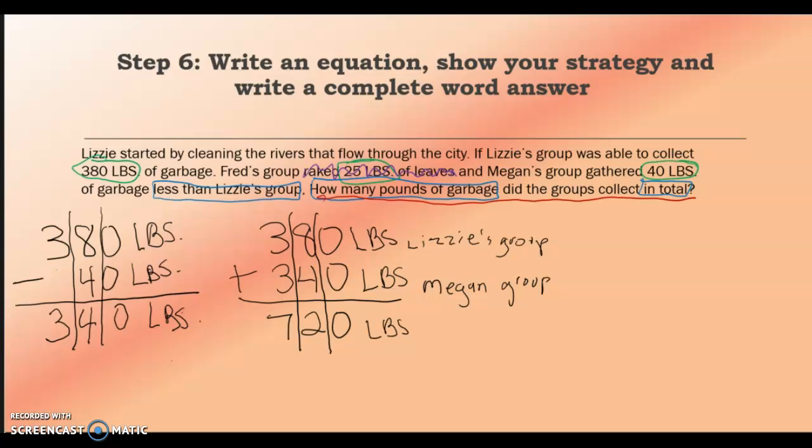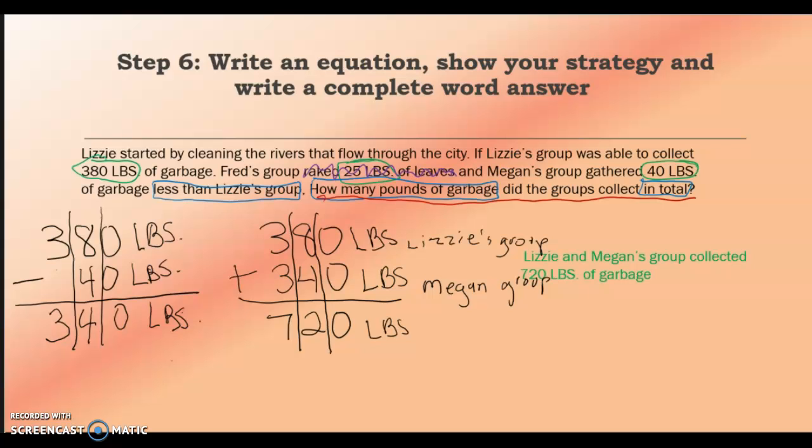Once we have gotten the total from this, we know that we have found our answer. And that is when we write our complete word answer. So Lizzie and Megan's groups collected 720 pounds of garbage.